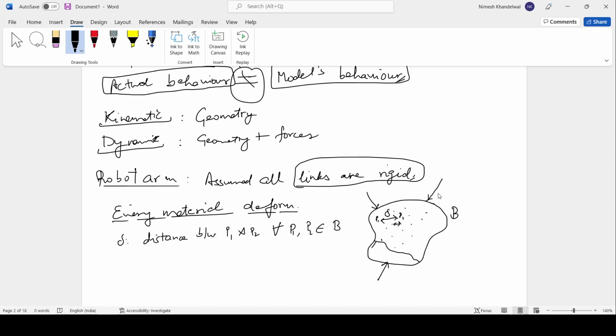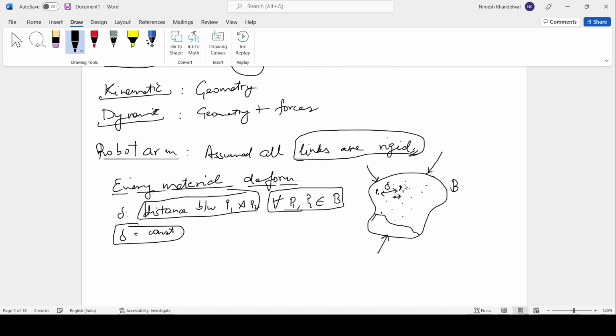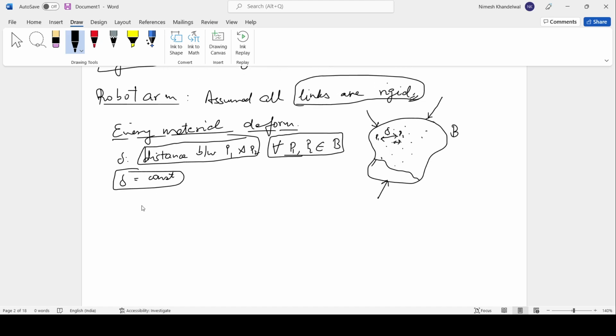For the whole body to be rigid, for each and every point belonging to the body, the distance delta between any two points must be constant. This must not change. This is what we mean when we say that a body is rigid. But again, in reality, delta is never a constant, in physical systems.